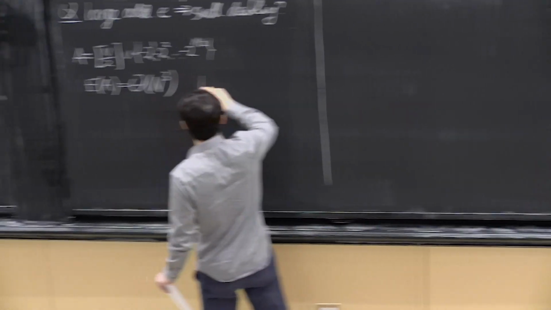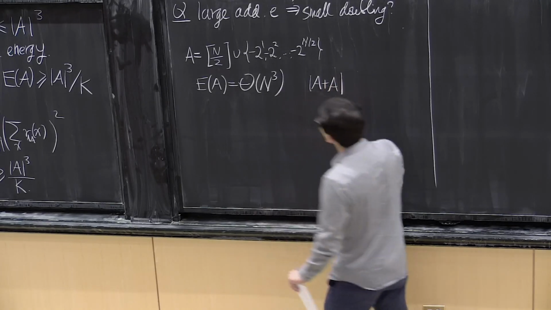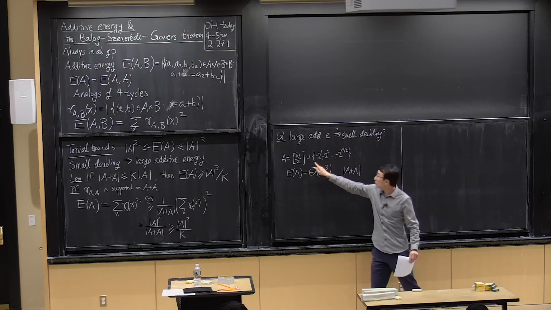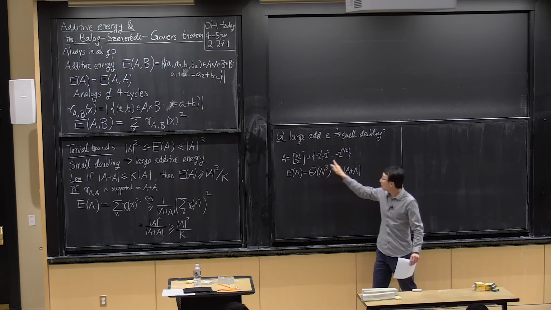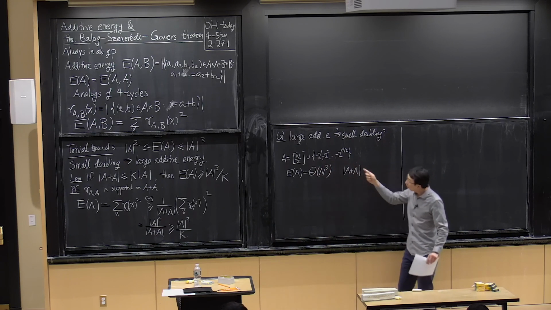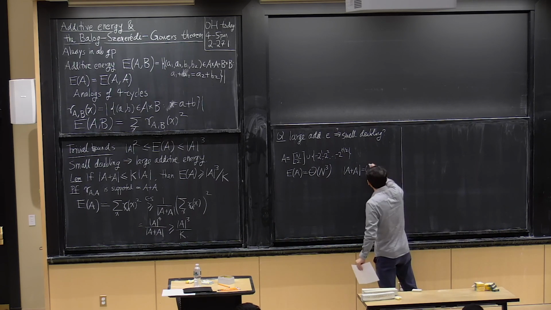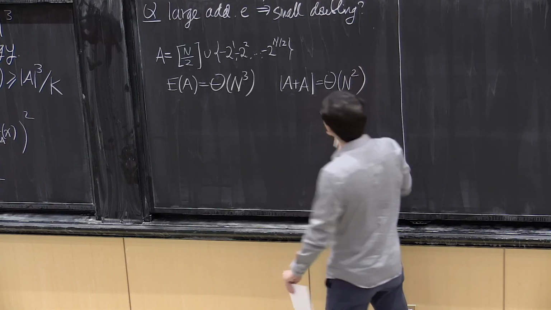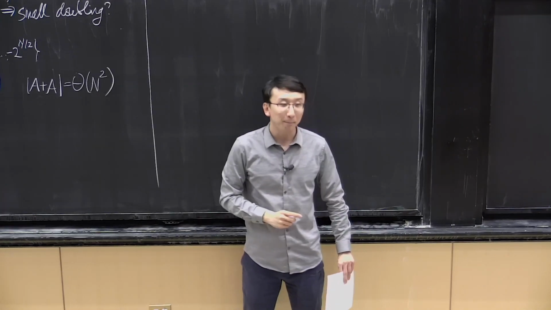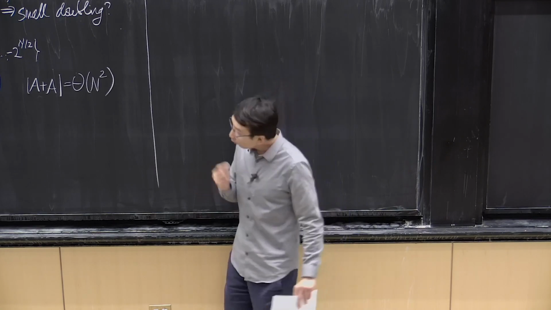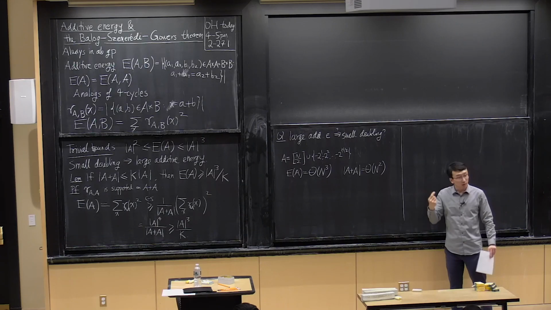What about A plus A? Well, for A plus A, the part of A without additive structure is the part that contributes, and we see that the size of A plus A is quadratic in the size of A. So unfortunately, the converse fails.